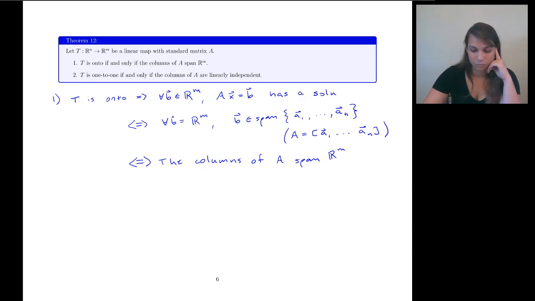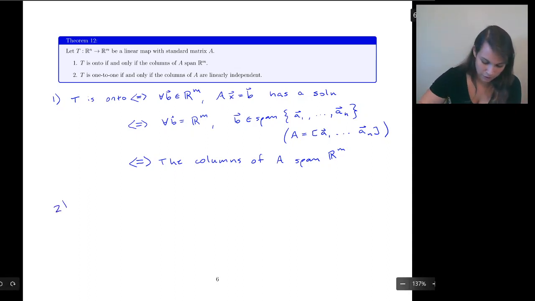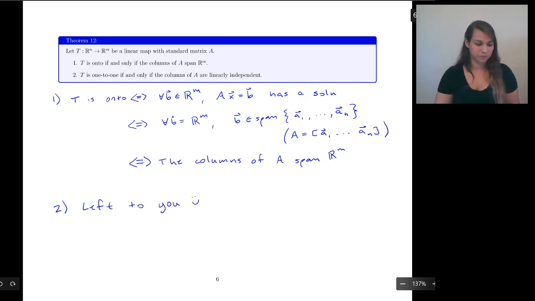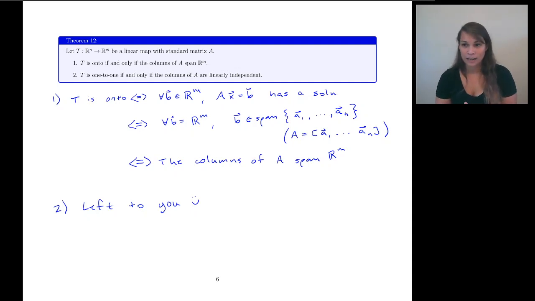And then Ax equals B having a solution for all B implies that T is onto. So all of those steps were reversible. So this time we got two for the price of one, which is really cool. And then number 2 is left to you. It is an exercise for the reader. There you go. And then that wraps up 1.8 and 1.9, and I will see you all next time.